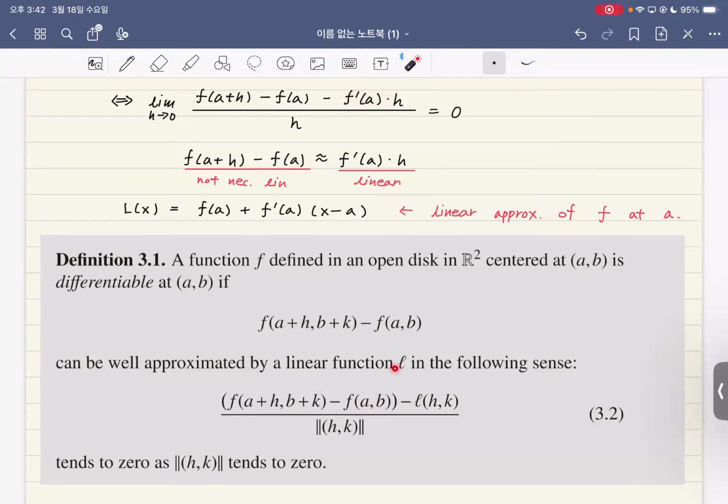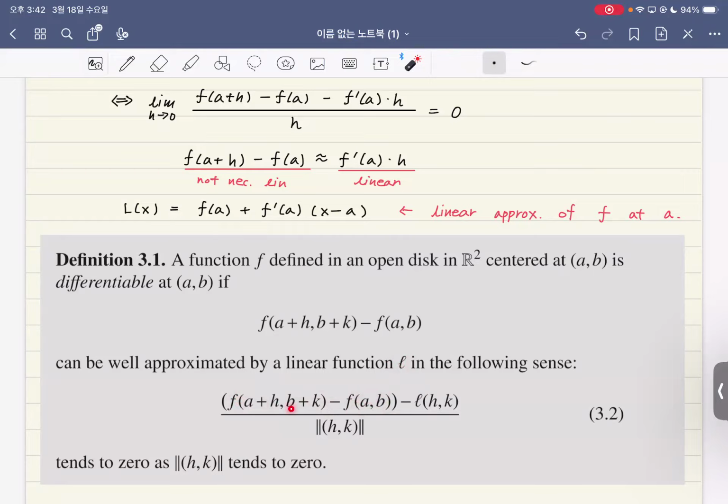And L is another linear function. And if you can find such a nice linear function, I want to talk a little bit more about this linear function. It says this linear function L is approximating this guy between these parentheses.